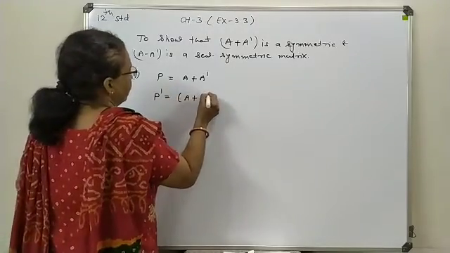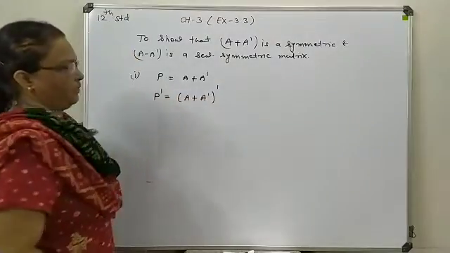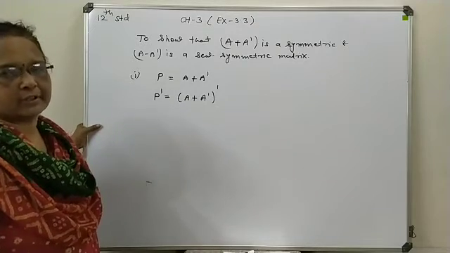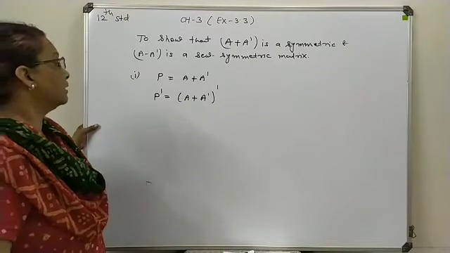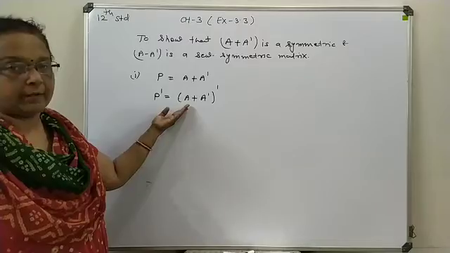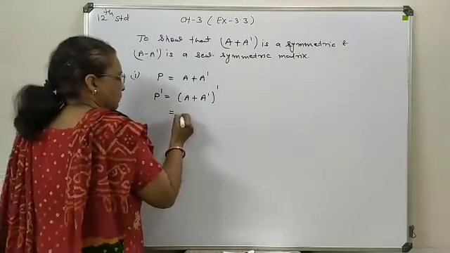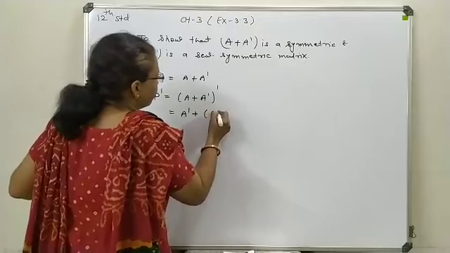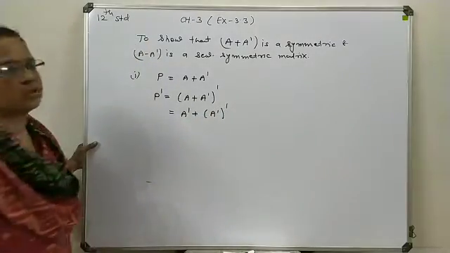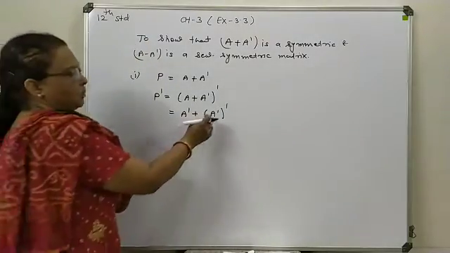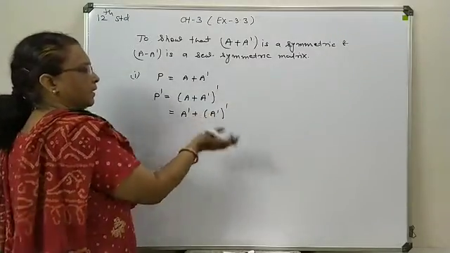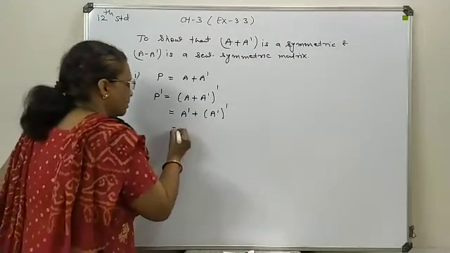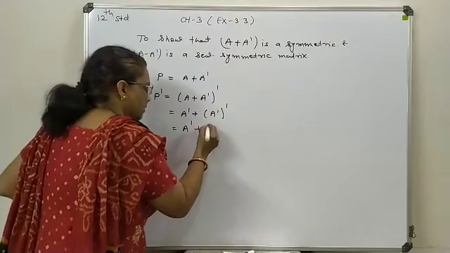We take the transpose of A plus A dash. Using the property of the transpose, the transpose of a sum can be written as the sum of the individual transposes, and the sign does not change in between. Also, the transpose of a transpose matrix is the original matrix. So here it is A dash plus A.